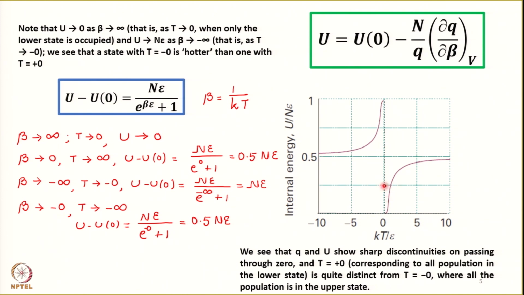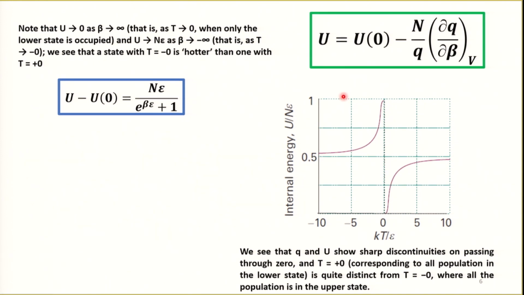Also note that in this figure, Q and U show sharp discontinuities on passing through 0. T equal to plus 0, corresponding to all population in the lower state, is distinct from T equal to minus 0, where all the population is in the upper state. This is consistent with what we introduced, that the temperature can be negative for a two-level system. This is how the internal energy changes with temperature on both sides of T equal to 0.